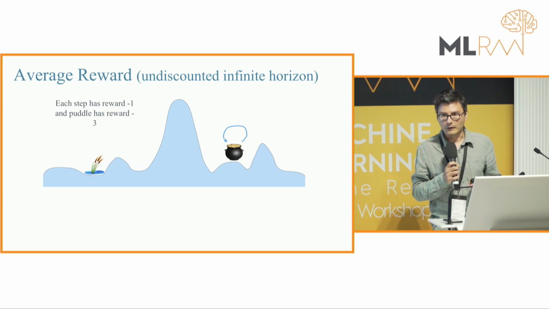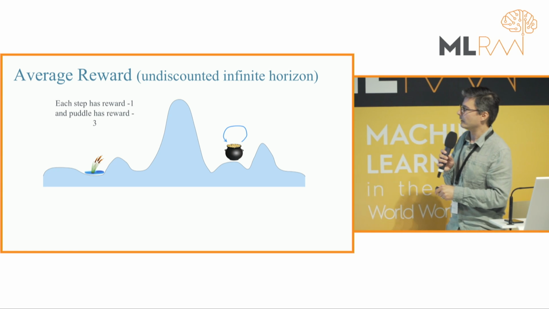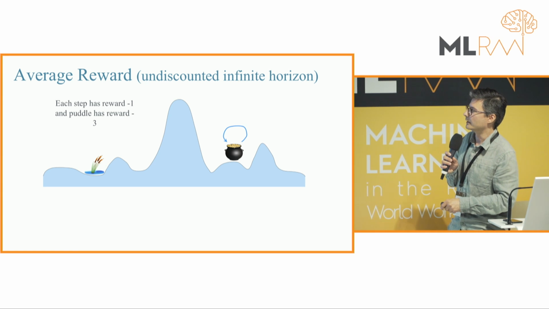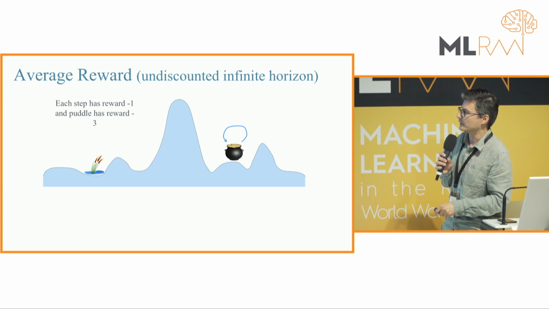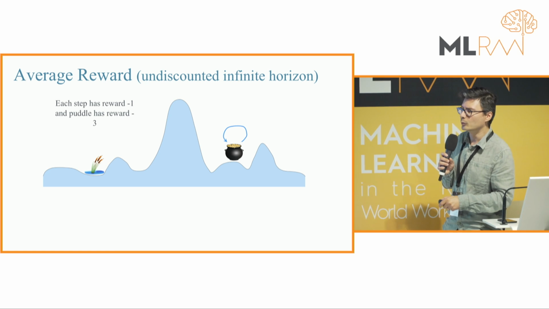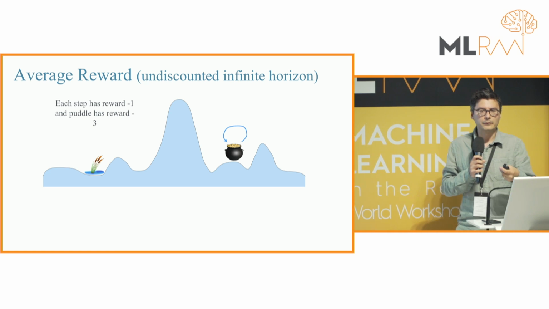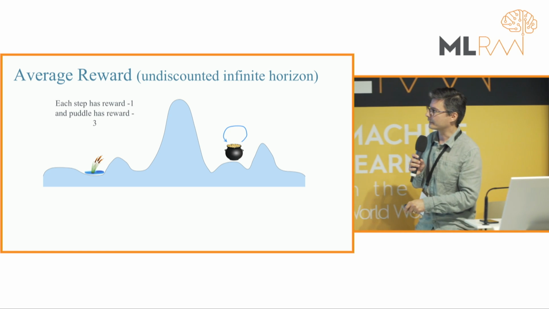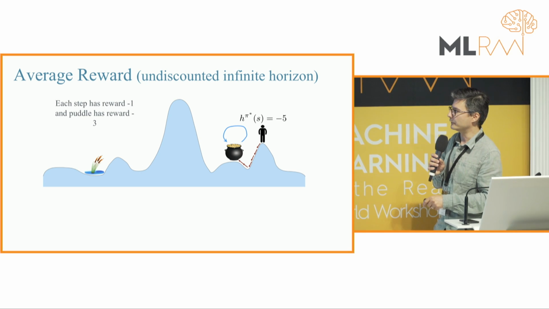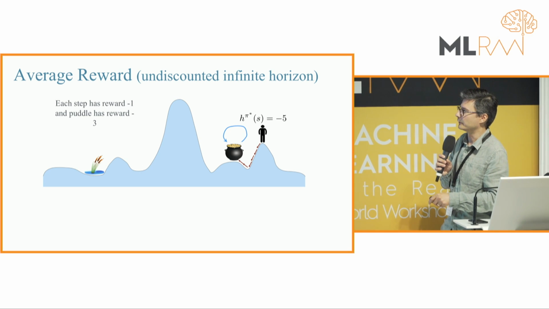Again, I rely on the example to explain it. Imagine that the optimal policy, if here I just have this big reward and this is a negative reward, and I accumulate a negative reward of -1 every step I do, except for when I pass through the puddle, which has a reward of -3, let's say. So if I start from here, and it takes 5 steps to reach this pot of gold, and then I will be happy to stay here forever.